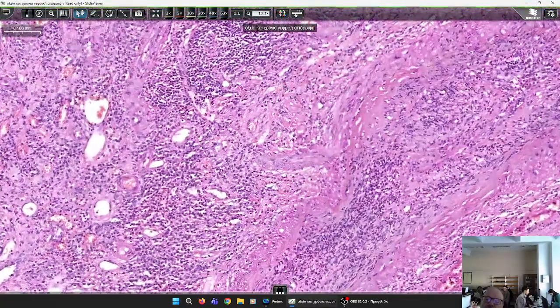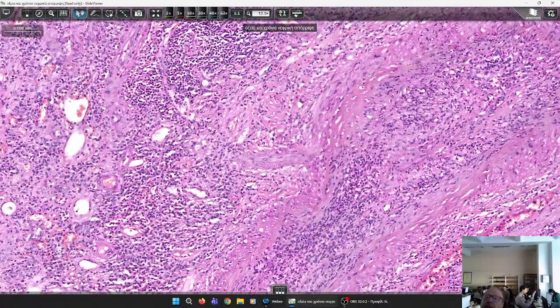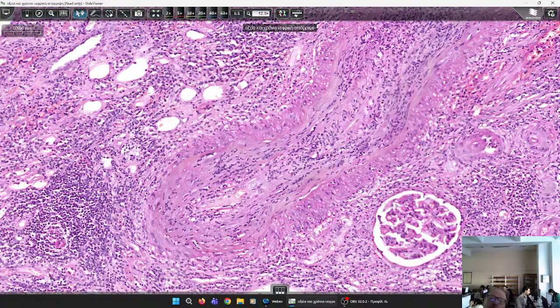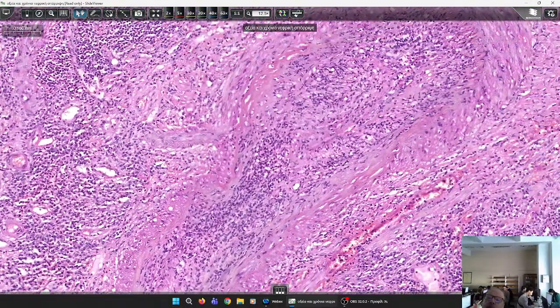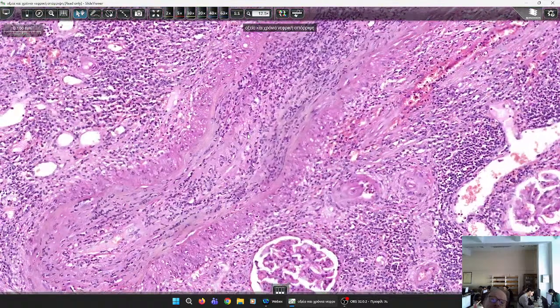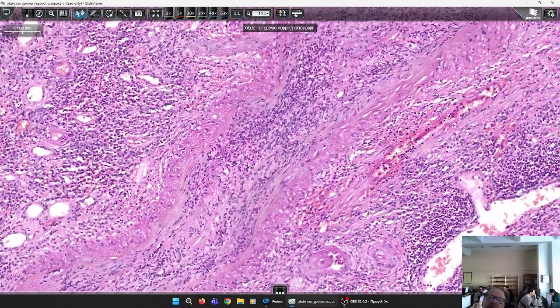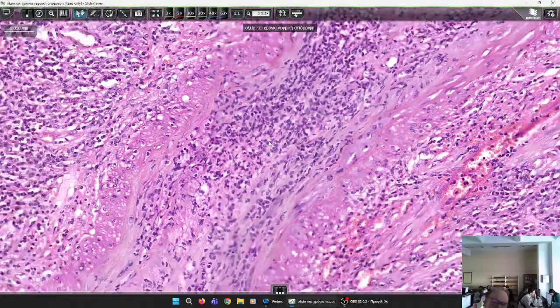Look, can you identify this structure within the renal parenchyma? Look, it has a muscular wall. You see the muscular wall? However, you cannot see the lumen because the inner layer has become greatly thickened due to this accumulation of cells.